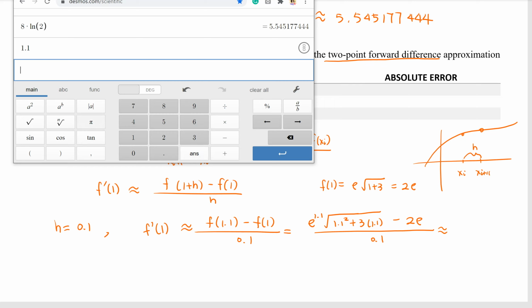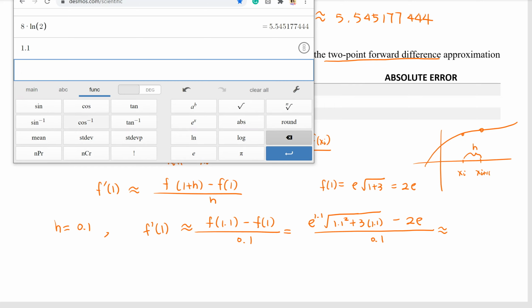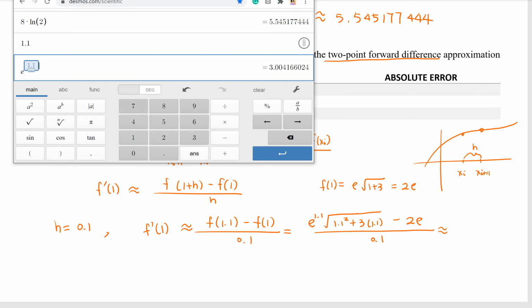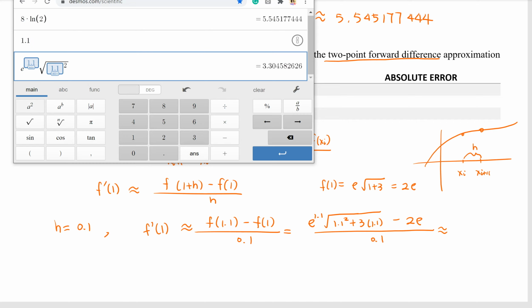So we have e to the answer, times square root of answer squared plus 3 times the answer.